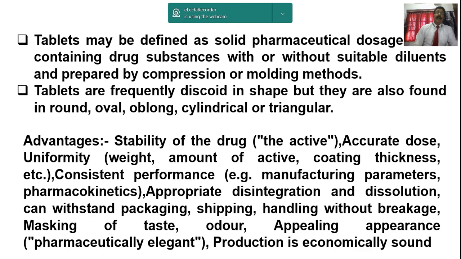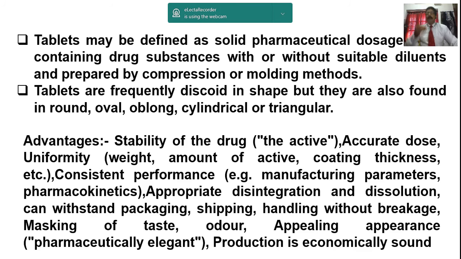What is the advantage? For any formulation you study, it is needed to know its advantages and its disadvantages. When we talk about advantages, it is very accurate, with uniform weight, amount of active constituents, coating thickness, etc. It is unique and it has stability of the drug.